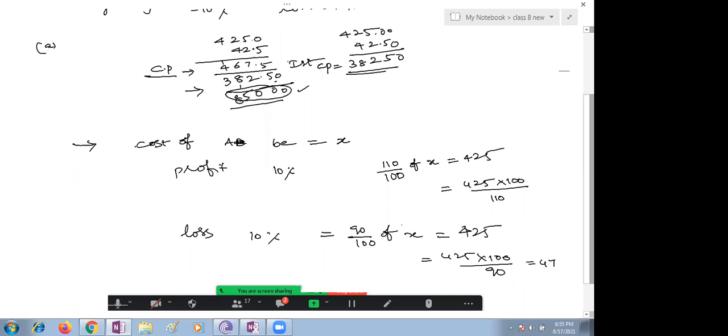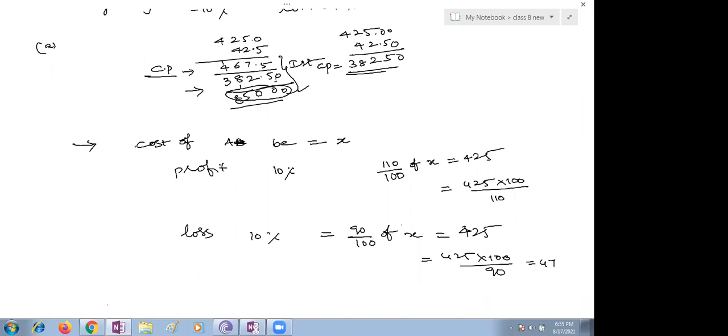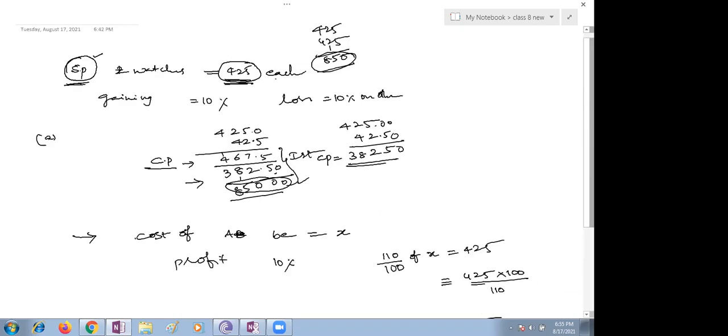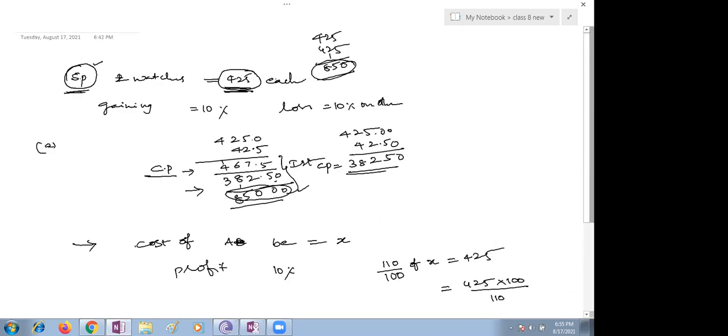But the same thing only we did here. Same procedure only we did, right? Ma'am, after that he again did the loss percent is equal to 858.5858 minus 850 by 858.58 into 100. He got 1% loss. Where we are doing the same amount, 425, 850.